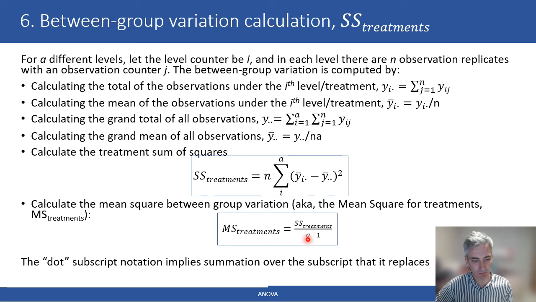The number of degrees of freedom is the number of groups minus 1, so we don't underestimate the variation. We need to do this correction. So if we divide by the number of groups minus 1, we get the mean sum of square treatments, which represents how much the means of each group are varying between the groups.